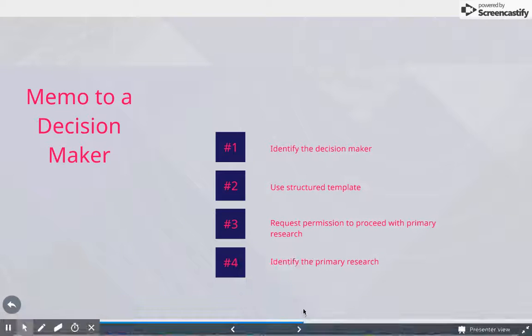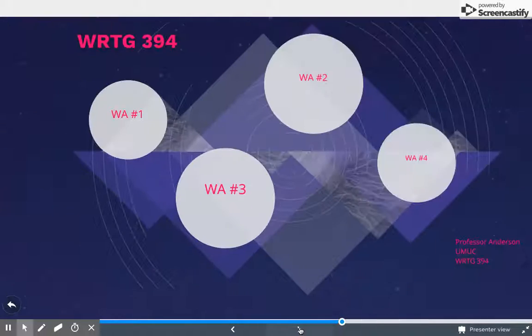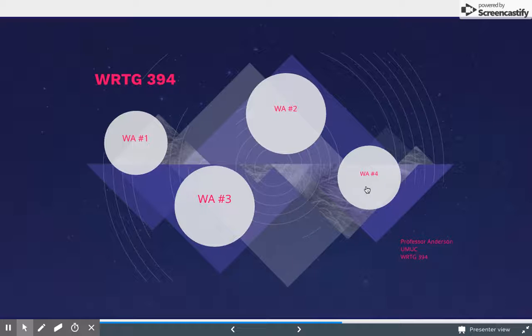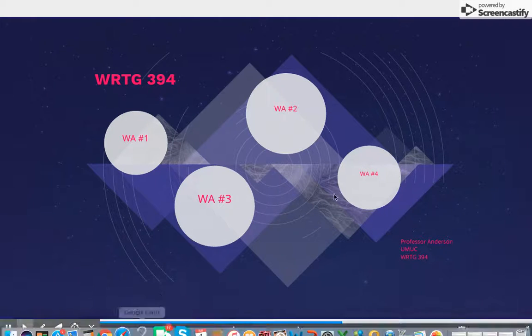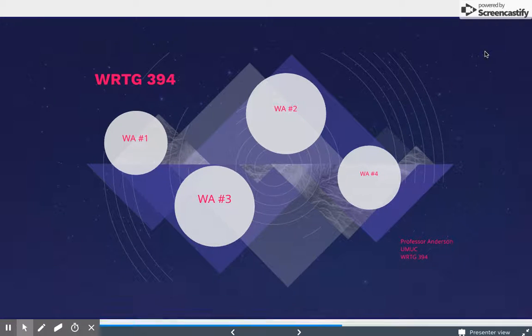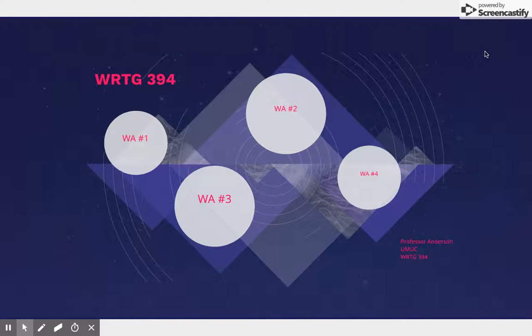So then all of this moves forward to the final writing assignment number 4 that I will detail in greater depth next week as we begin to move into that. I hope that gives you an understanding of where each one of these assignments moves, because writing assignment number 4 is where you take this initial understanding: this is a problem, here's the background research on it, this is what I've researched in the industry, and I propose the solution this way.